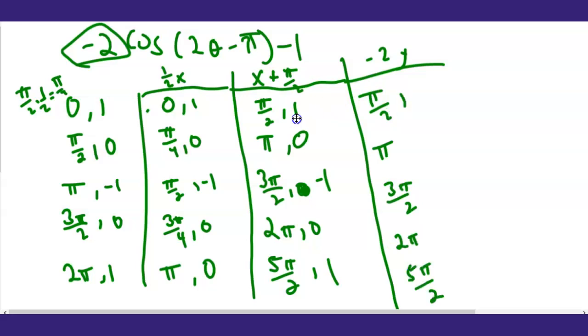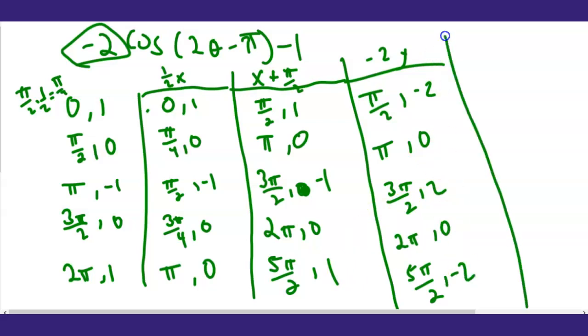Negative 2 times 1 is negative 2, and what that does is account for the reflection over the x-axis. 0 times negative 2 is still 0. Negative 1 times negative 2 is 2. 0 times negative 2 is 0. And 1 times negative 2 is negative 2. It turns it upside down. And finally, we have the vertical shift.